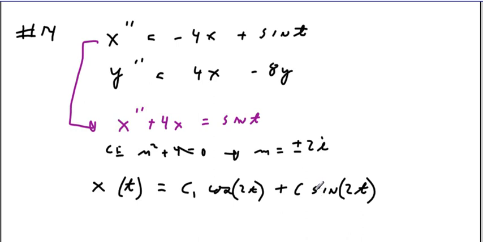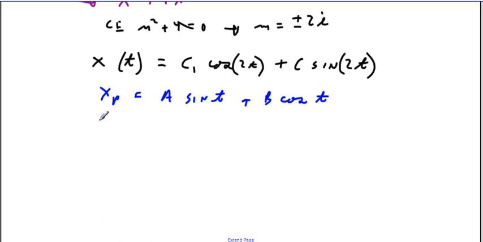And I've got a particular solution. x of p is going to equal a sine t plus b cosine t. Oh well, can't have any signs if I can't even spell sine.